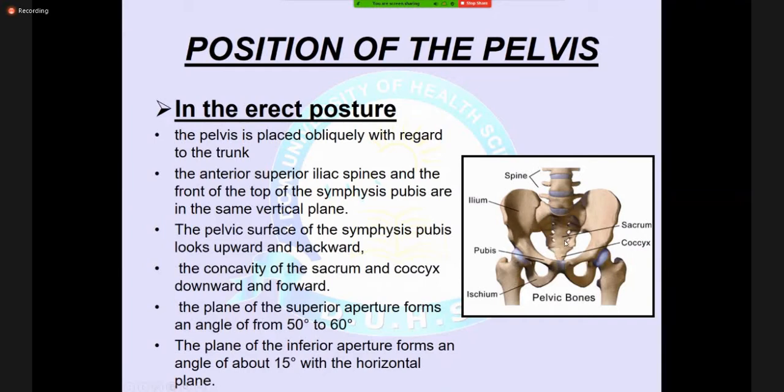And this whole canal, the pelvic outlet, would be facing downwards and posteriorly.